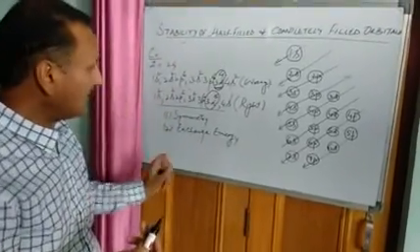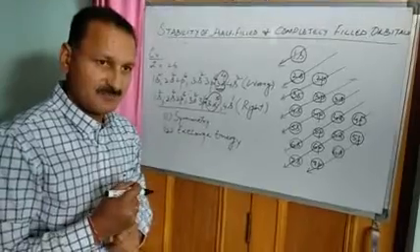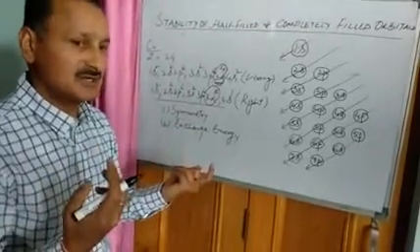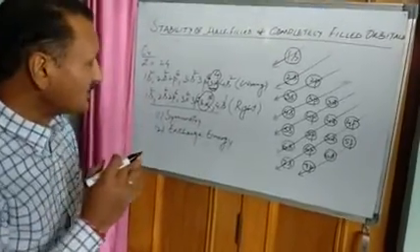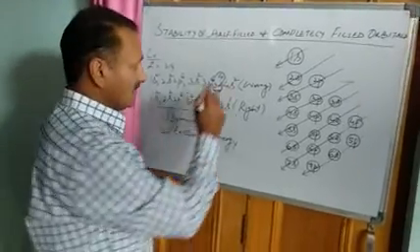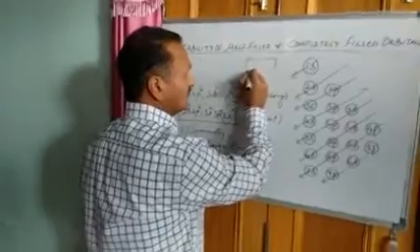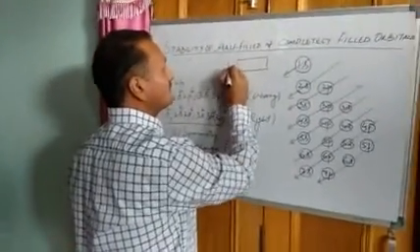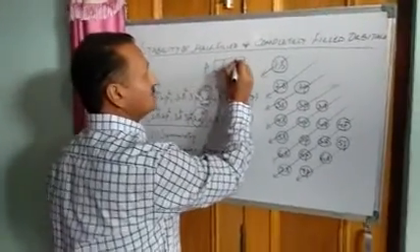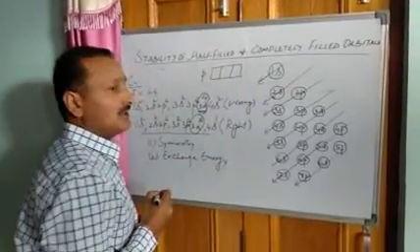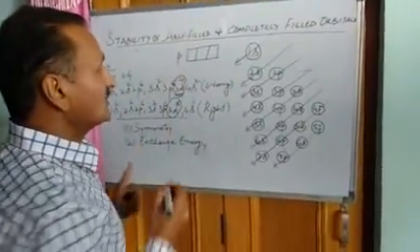And another is exchange energy. Now what do we mean by exchange energy? Exchange energy means, suppose this is an orbital, say it is a p subshell, and as you know, a p subshell has how many orbitals? 3 orbitals.